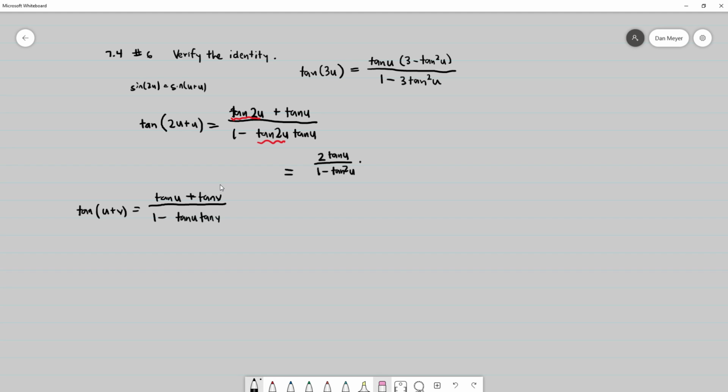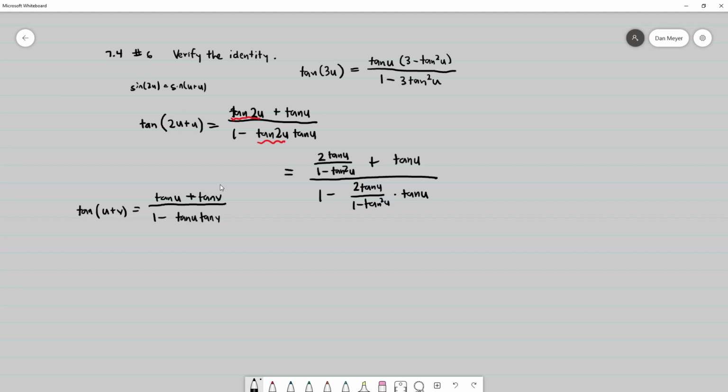So that's our formula for tangent of 2u, so it goes there on top, as well as 2 tan u all over 1 minus tangent squared u, right here on the bottom.